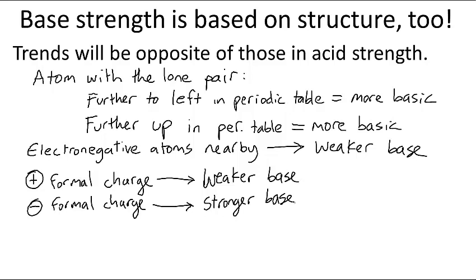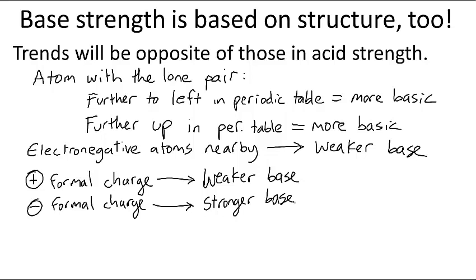The simplest example of that is H2O, where oxygen is neutral. Is that basic? No, it's just water. It's just neutral. But if I give that oxygen a negative charge and make it OH minus, now that is basic.